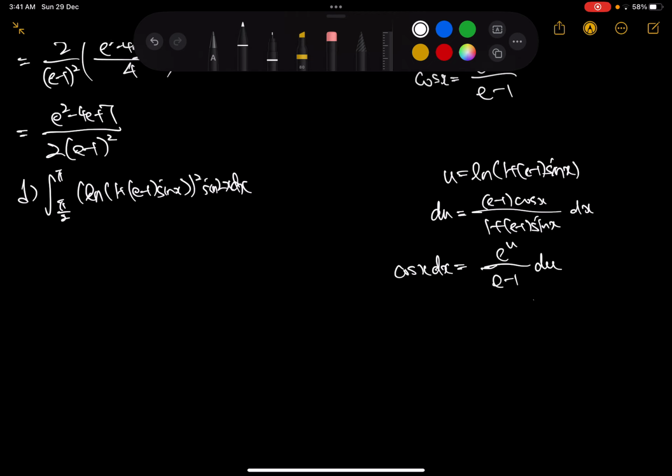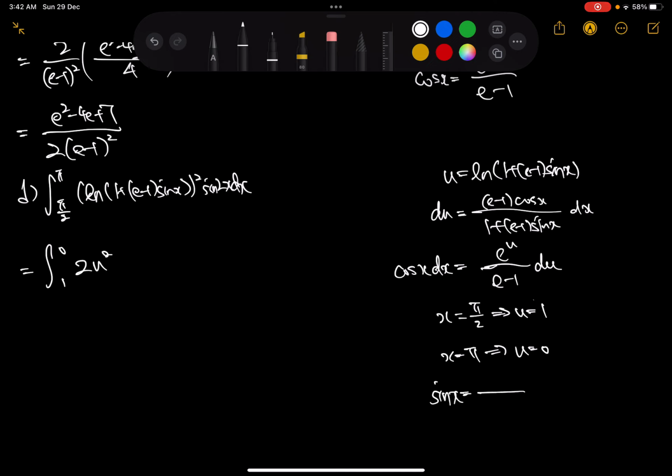And then when x is pi over 2, u is sine pi over 2, which is 1. Oops, that's not a u, dang it. x is pi implies u is 0, because sine pi is 0. So we have from 1 to 0, 2u squared sine x.